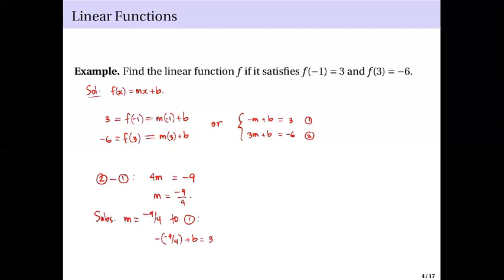Okay? So if we put this number to the other side of the equation, we'll get b equals 3 minus 9 over 4. And if we simplify this, what will we get? So 3 times 4, that's 12. 12 minus 9, that's 3. So we will get 3/4.